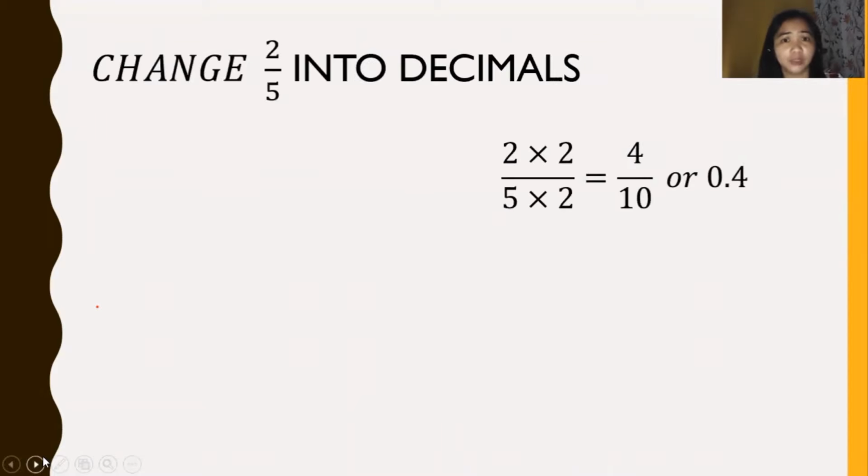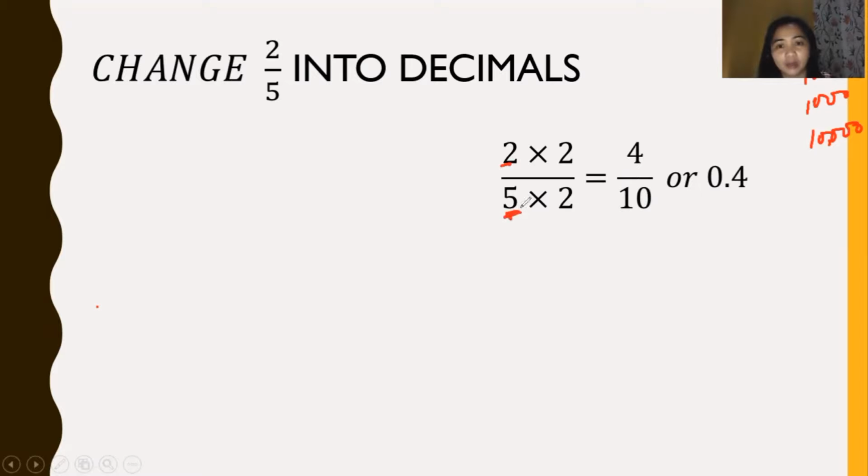Change 2/5 into decimal. So, may dalawa tayong paraan ng pag-change niya into decimal. The first one is by changing the denominator into 10, 100, 1,000, 10,000. So, kailangan ma-change mo itong denominator. Since 2/5 siya, madaling gawin yung 5.